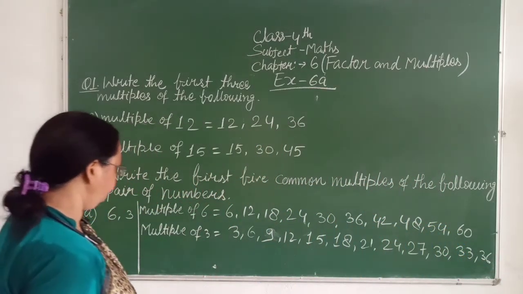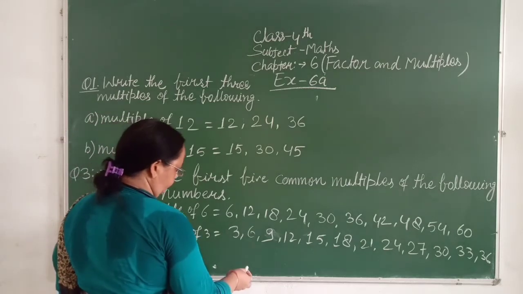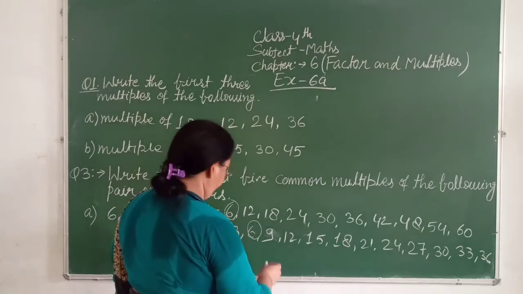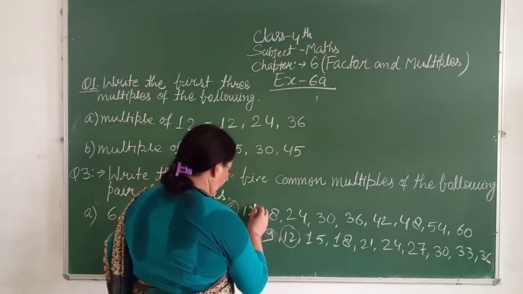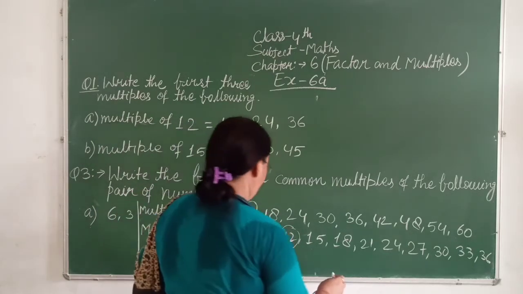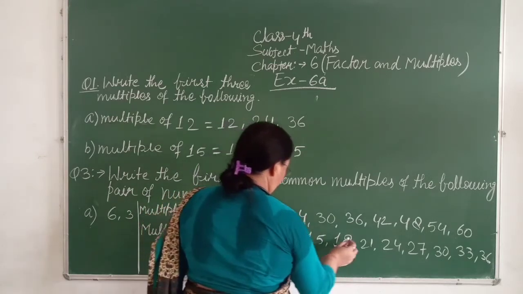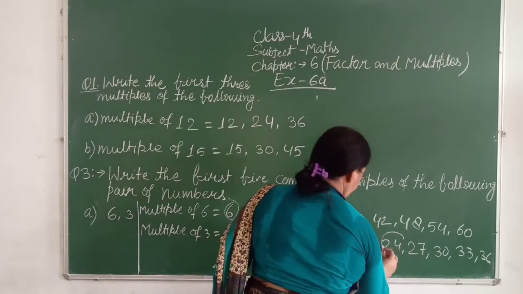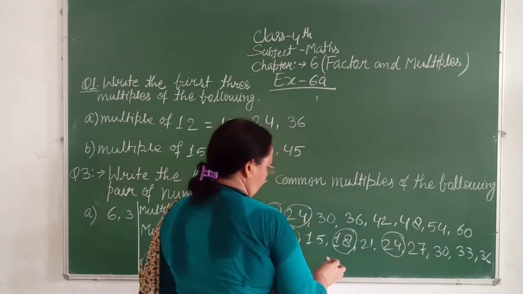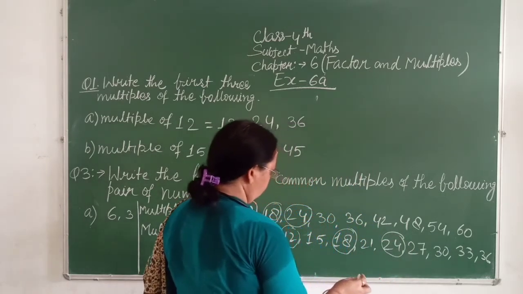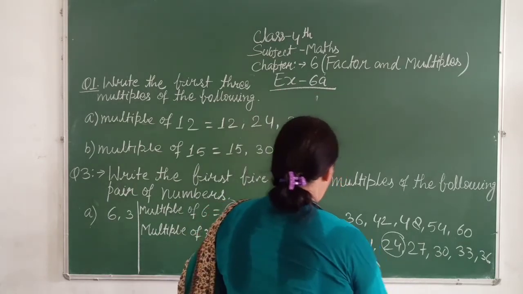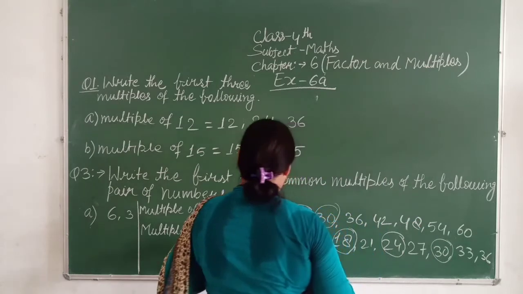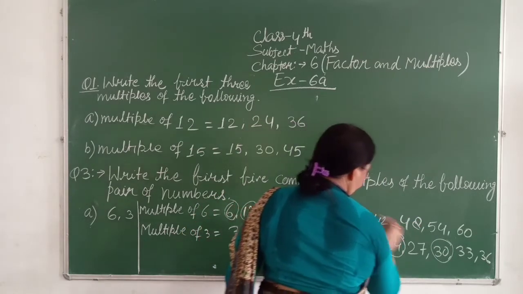Common multiples are 6, 12, 18, 24, 30, and 36.